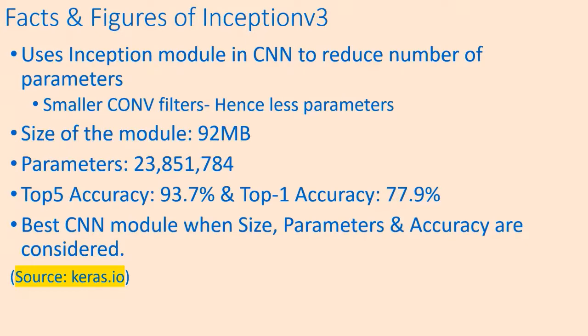And 78% of the time it will be the topmost label, meaning 78% of the time it correctly classifies the given image. So when you consider size, parameters, and accuracy, Inception v3 is the best CNN model.